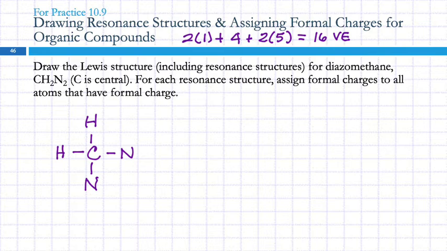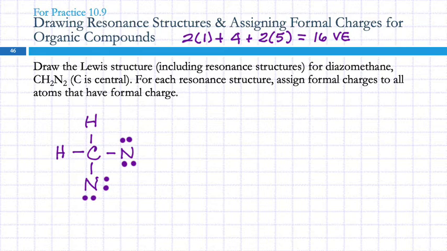Okay, so we're going to start by counting the single bonds that we had to put in here. 2, 4, 6, 8, 10, 12, 14, 16. We don't have enough electrons, so we're supposed to make multiple bonds.